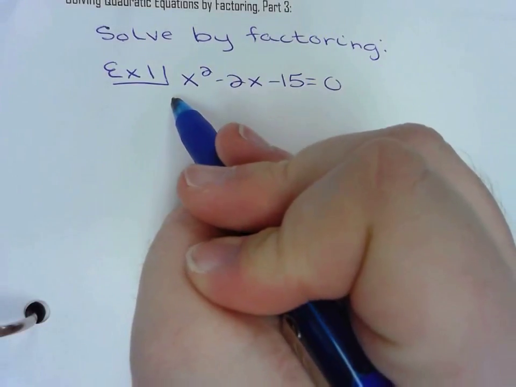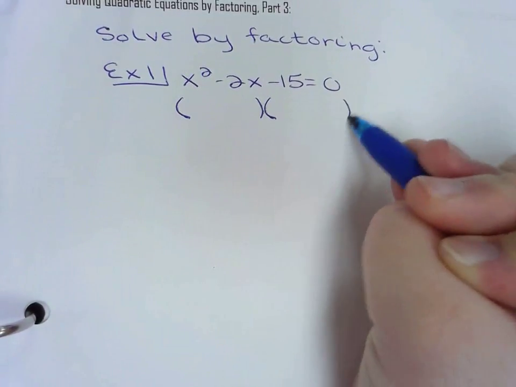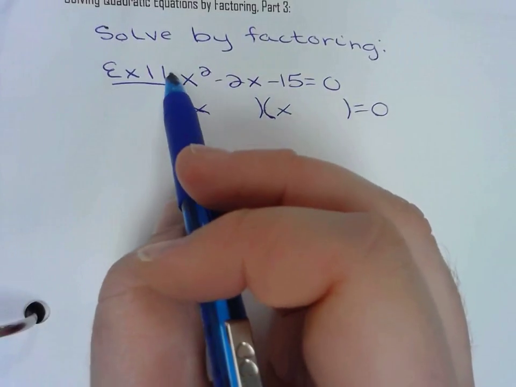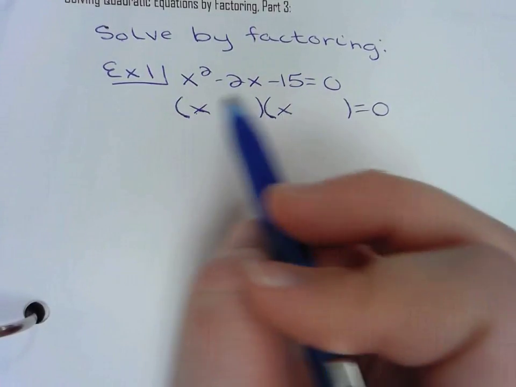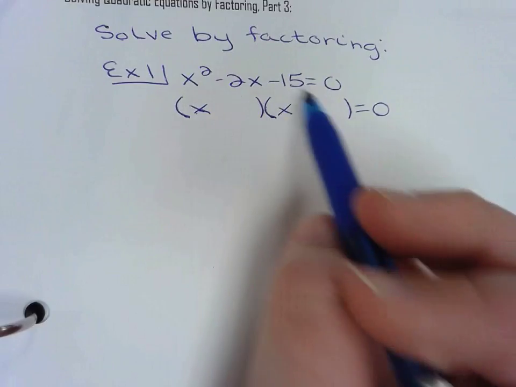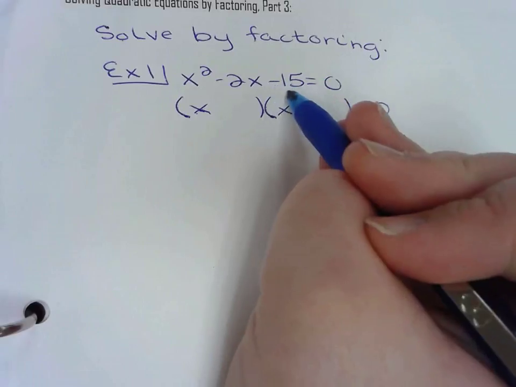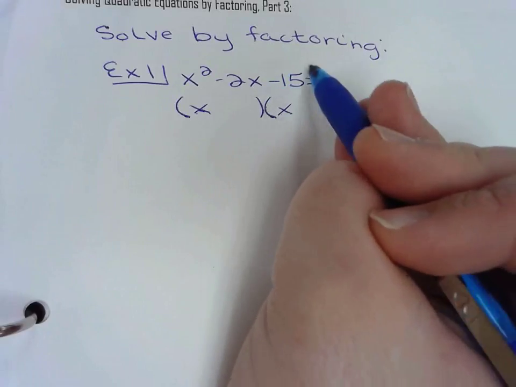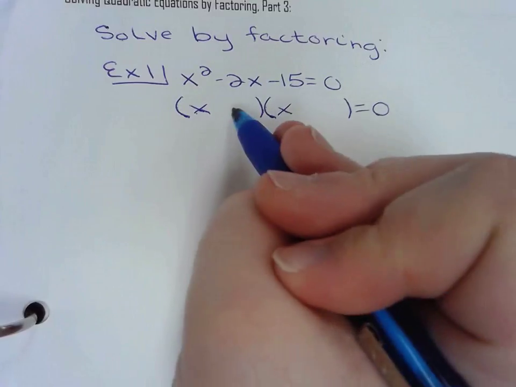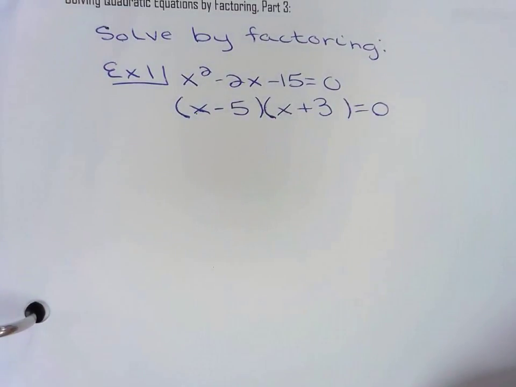How do I get started factoring this left side? Two parentheses. What goes in the front? x's. Use the shortcut. If there's no number in front of x squared, which means there's a 1 there, start with two parentheses, put your x's in front. How do I find the numbers that go with the x's? Two numbers that multiply to get me negative 15 and add to give me negative 2. Negative 5 and positive 3. Like I said, you guys can factor well.